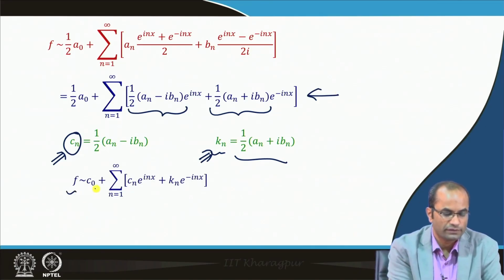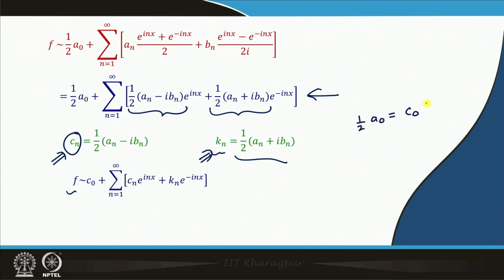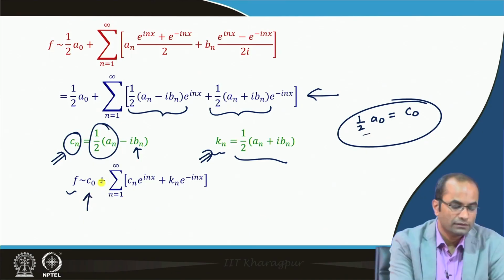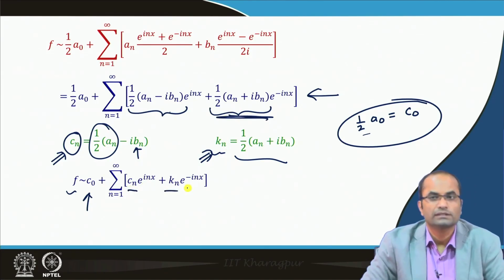The Fourier series of f has half a naught, which we define as c naught, coming directly from this definition where b 0 is set to 0 naturally, because we start b with b 1 and so on. So, c 0 is half a 0, the second is c n, and the third place here has k n.